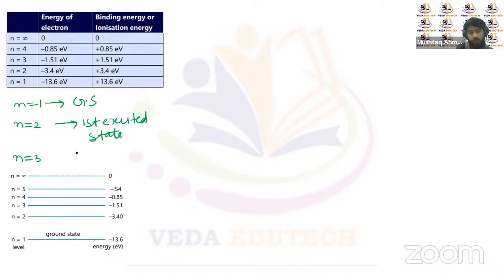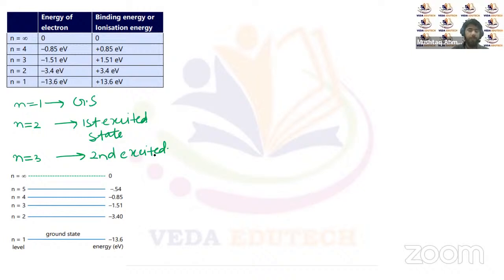So for hydrogen atom, n equal to 1 is the ground state, the state of least or minimum energy. n equal to 2 is the first excited state for the electron in the hydrogen atom. For n equal to 3, we call it the second excited state. Similarly, n equal to 4 will be the third excited state.